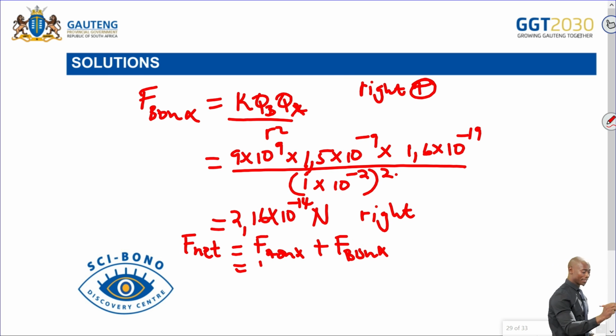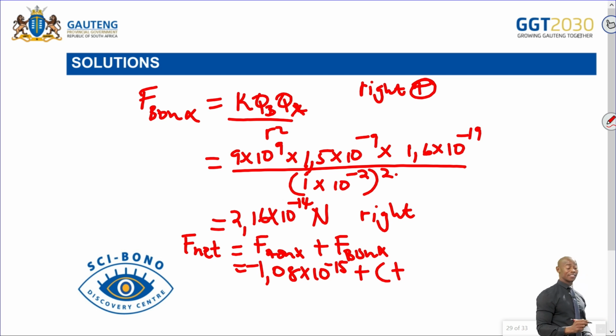So it will be negative 1.08 times 10 to the power negative 15 plus, because it's acting to the right, plus 2.16 times 10 to the power negative 14, right?